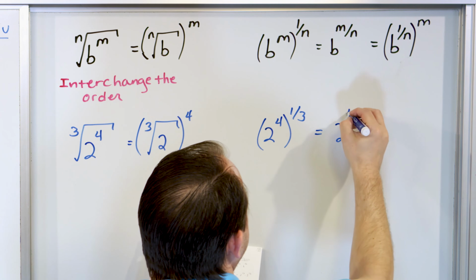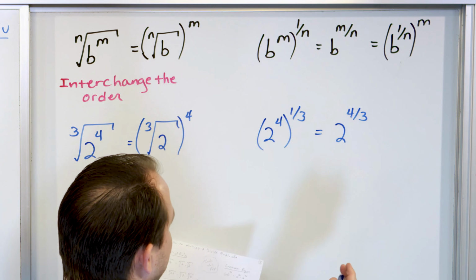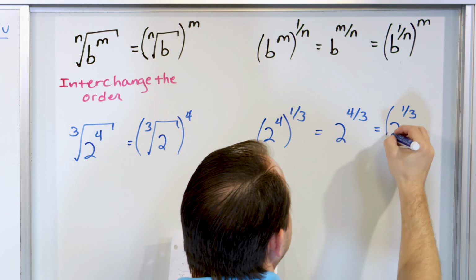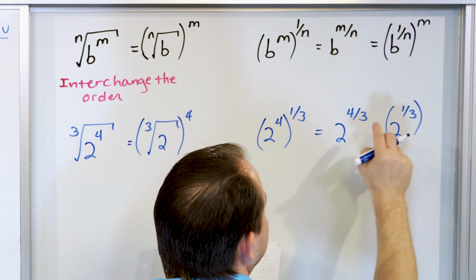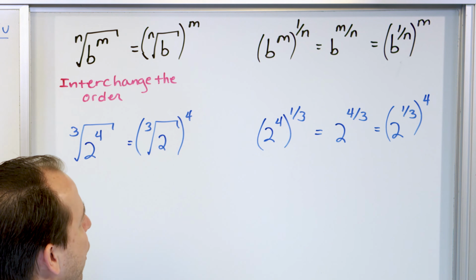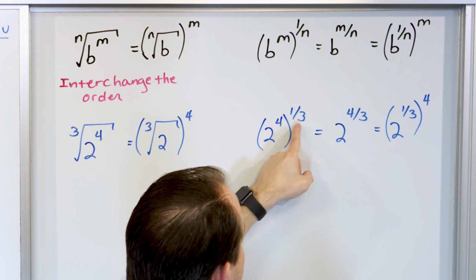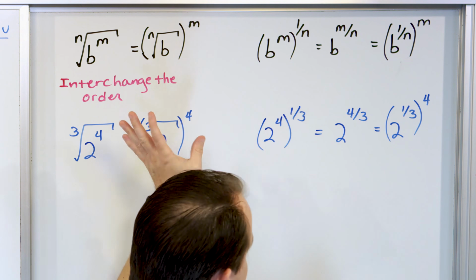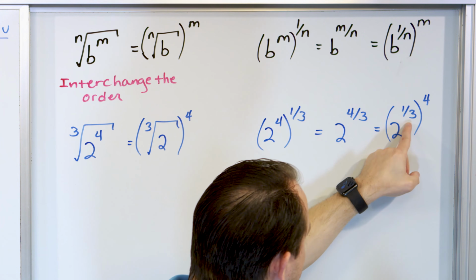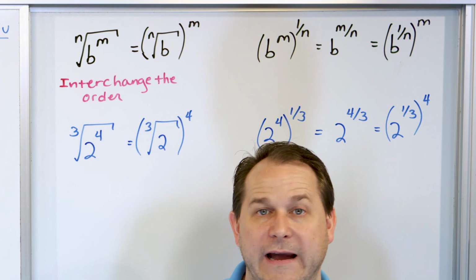So this is going to be 2 to the 4/3 power here, if I multiply 4 times 1/3, but I can also write that as 2 to the 1/3 power, doing the cube root part first, and then raising it to the 4th power. If you get a calculator out and you take 2 and raise it to the 4th power, and then you take the cube root, and then figure out what that answer is. And then, in a separate calculation, you take the cube root of 2, and then raise the answer to the 4th power, you're going to get the same exact answer.